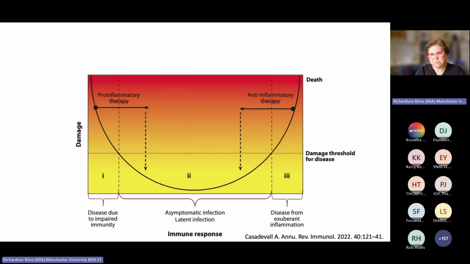So going back to the spectrum of infection versus invasive disease, I said that it all depends; the outcome depends on the immune system of the patient. Now, this is a so-called Casadevall curve, with the x-axis reflecting the level of immune response the person has. On the very left, you have very immunocompromised persons, barely any immunity.